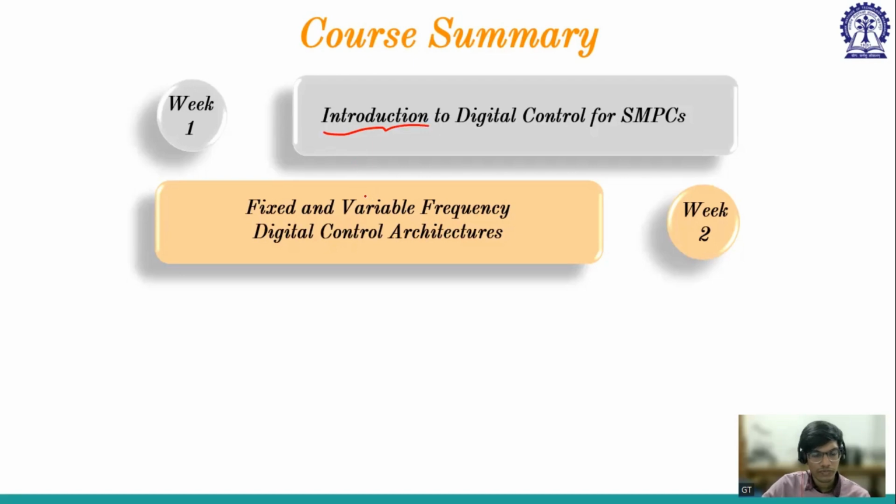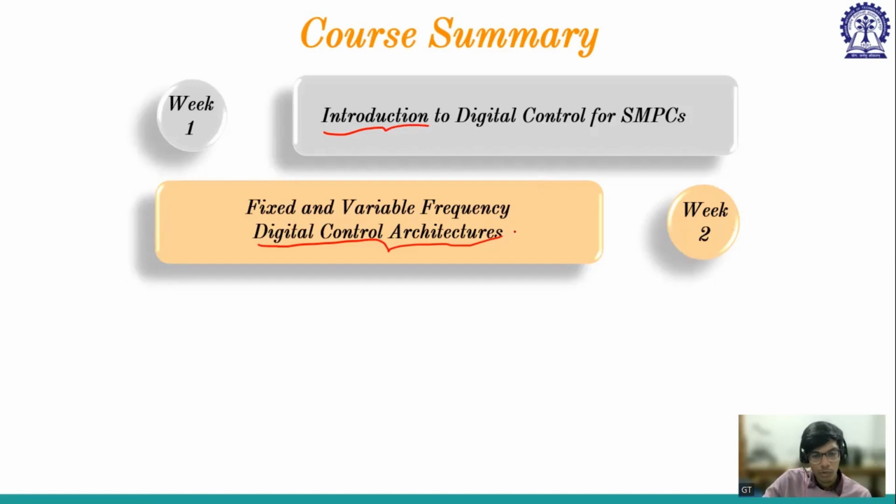And in week 2, we went into the fixed and variable frequency digital control architectures, which has 2 parts. The first part is the digital control architectures, where we discussed fixed frequency digital control architectures, mainly voltage mode control and current mode control. In the variable frequency digital control architectures, we discussed the voltage based constant on time, constant off time, and then mixed signal constant on time, constant off time.